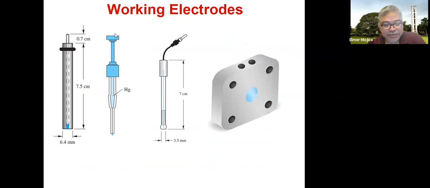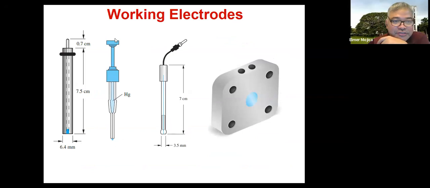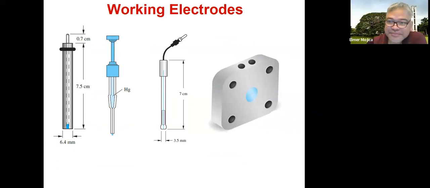So these are some of the different forms of your working electrode. Okay? If you look at the first one there, where do you think is the space for the reaction to occur?